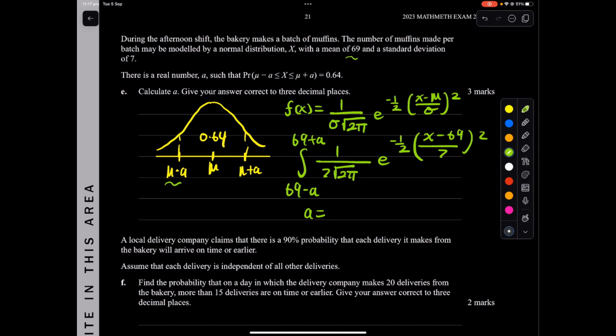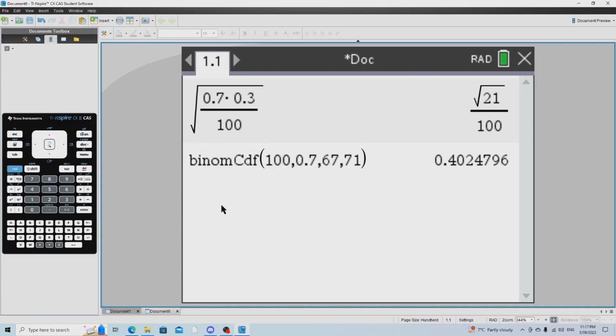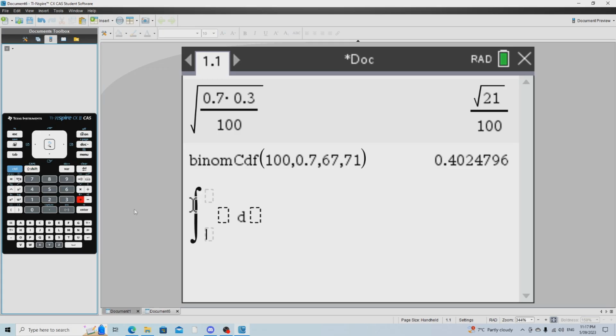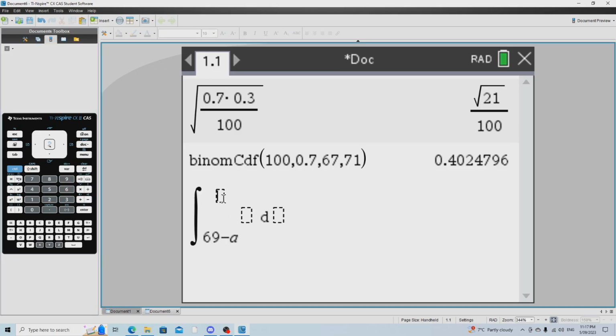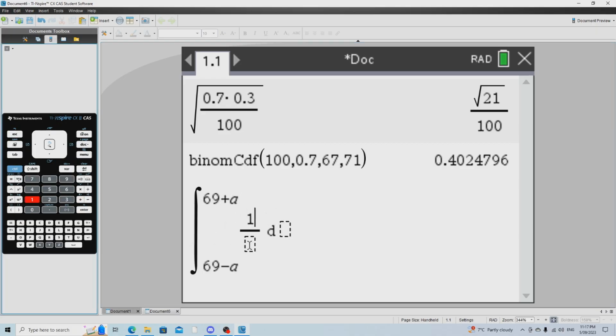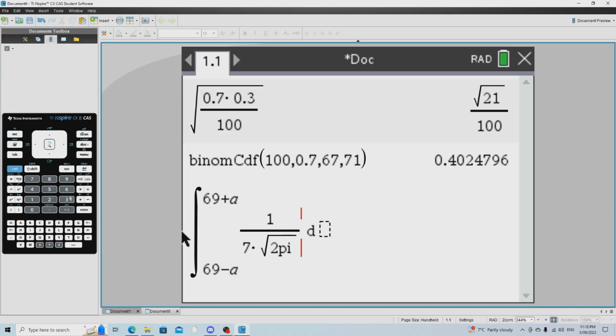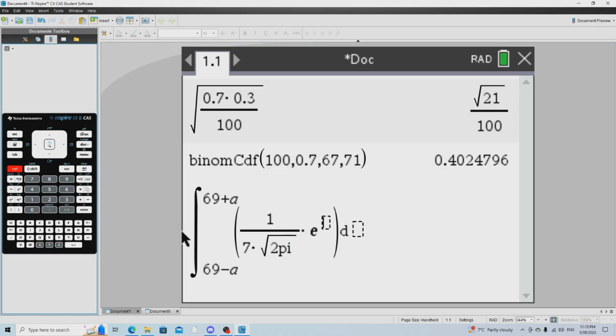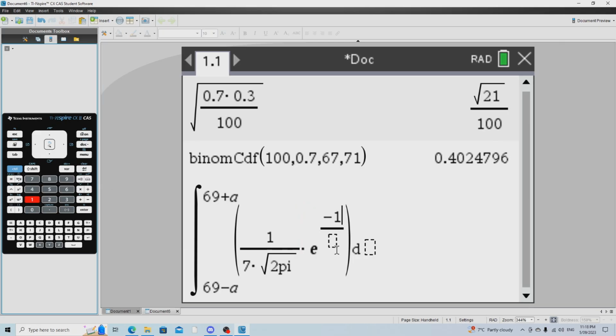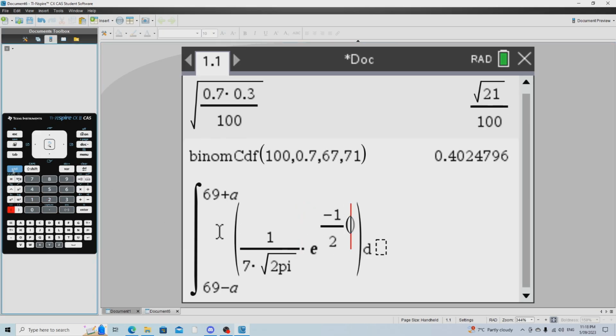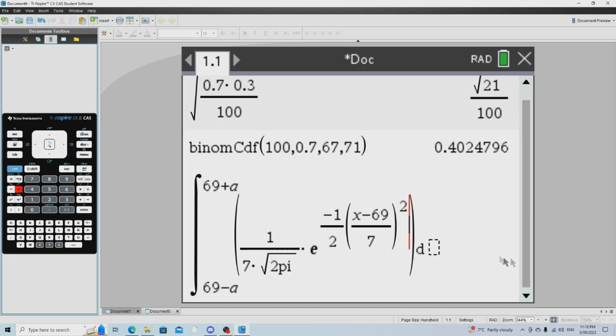So I'm going to do that on my calculator. It'll be the integral from 69 minus a to 69 plus a of 1 over 7 times the square root of 2 pi, times e to the negative half, x minus 69 over 7, all squared, dx.